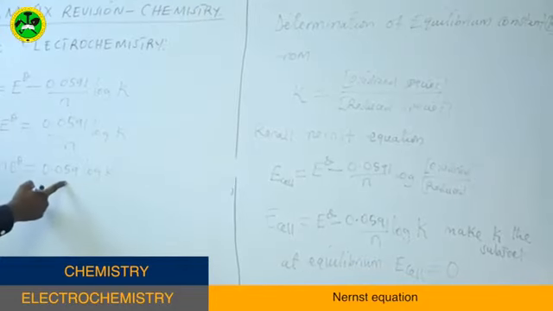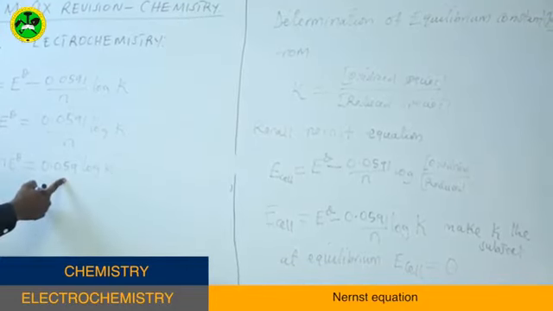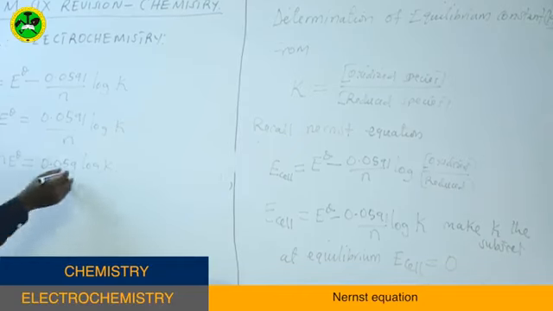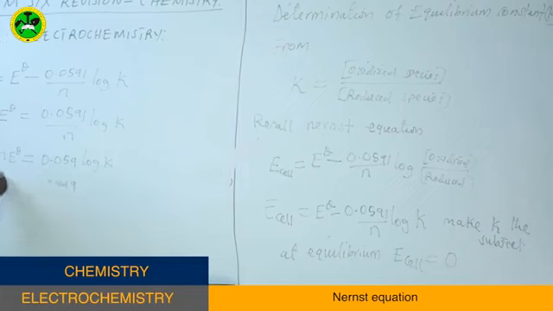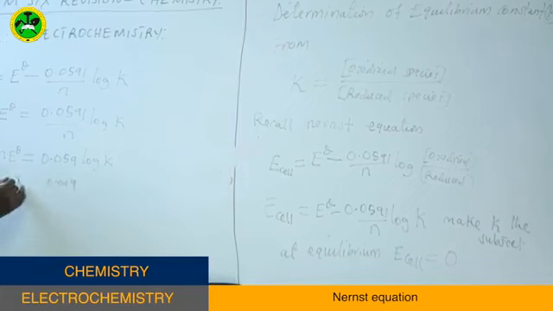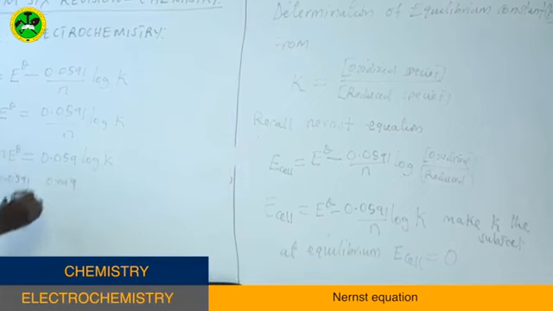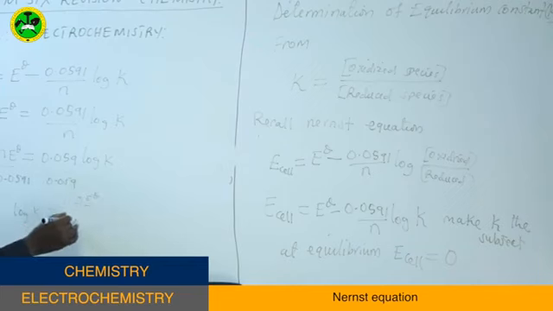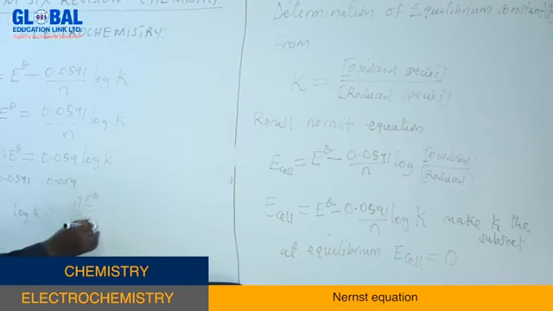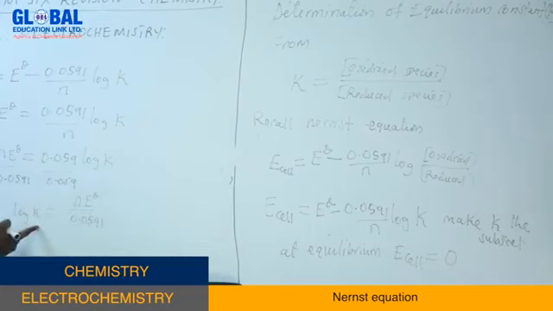So log of K will be equal to n times the standard electrode potential, divided by 0.0591. To find K, K will be equal to the log inverse of n times the standard electrode potential divided by 0.0591, in brackets. So you have now the equilibrium constant, which is K.